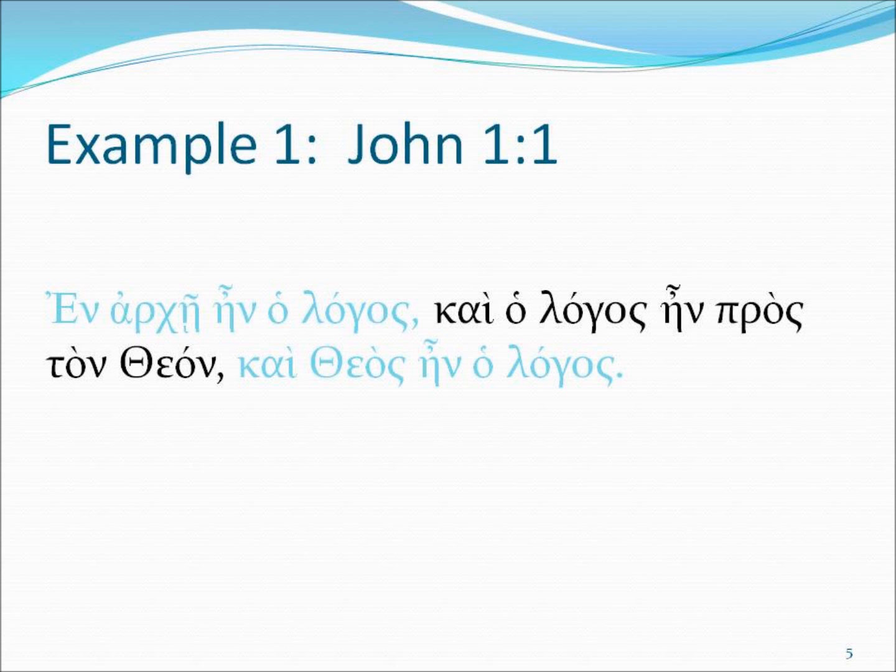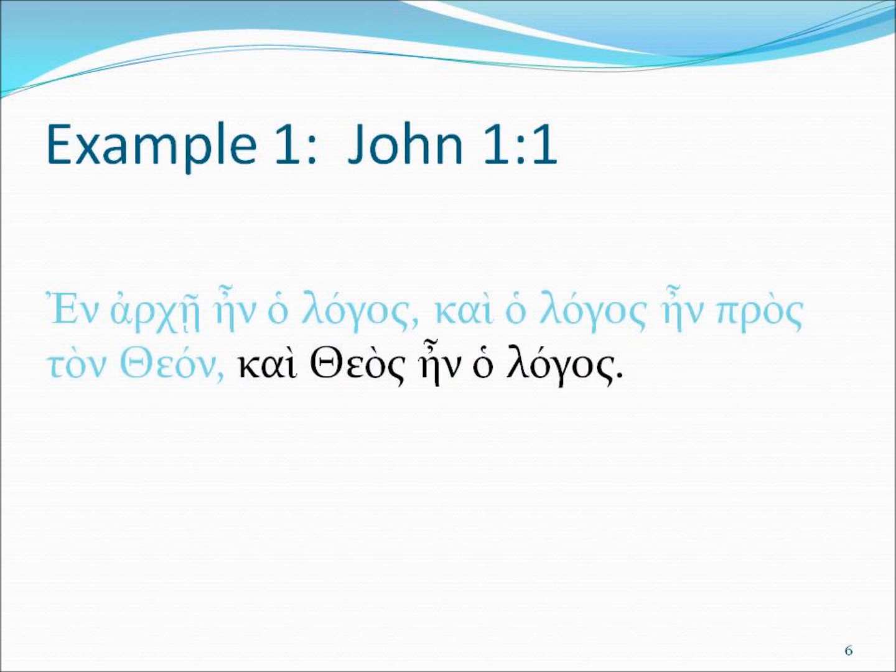You also notice the rough breather mark above the omicron, ho again. The smooth breather mark is also above the eta in ein. Kai ho logos ein pros ton theon.